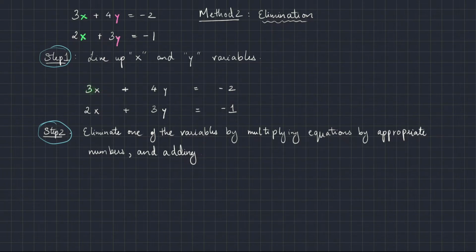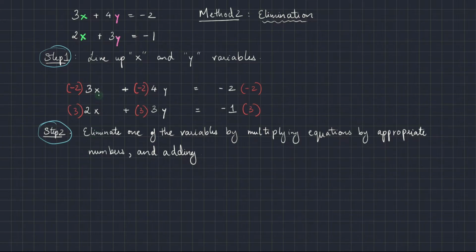I notice that x has a coefficient of 3 in the first equation and a coefficient of 2 in the second equation. So I'm going to multiply the first equation by a negative 2, and I'm going to multiply the second equation by a positive 3. Let's see what happens when I multiply each of the terms in both the equations. Once we multiply these numbers, it's best practice to write down the equations again.